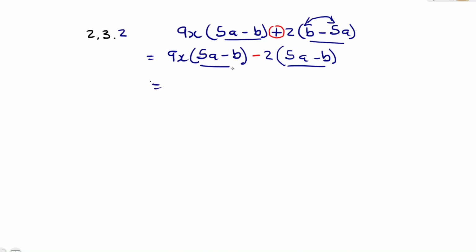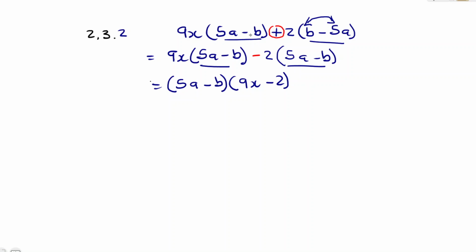Now I have the same value in the bracket, 5a minus b, 5a minus b. In other words, I can take this bracket 5a minus b as a common factor. If you take this bracket out, you'll be left with 9x, and negative 2. So this is the factorization of that problem.